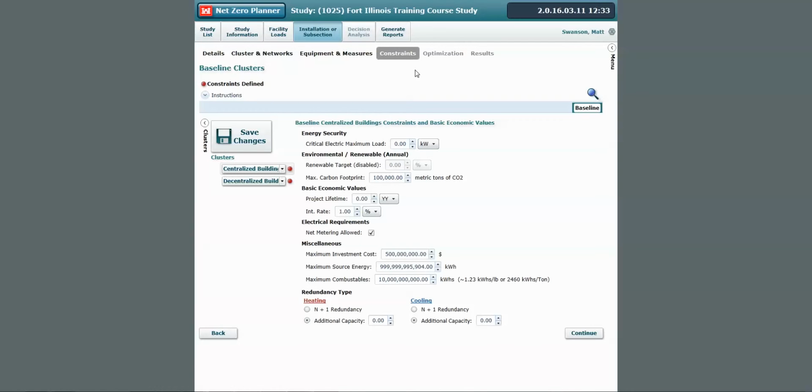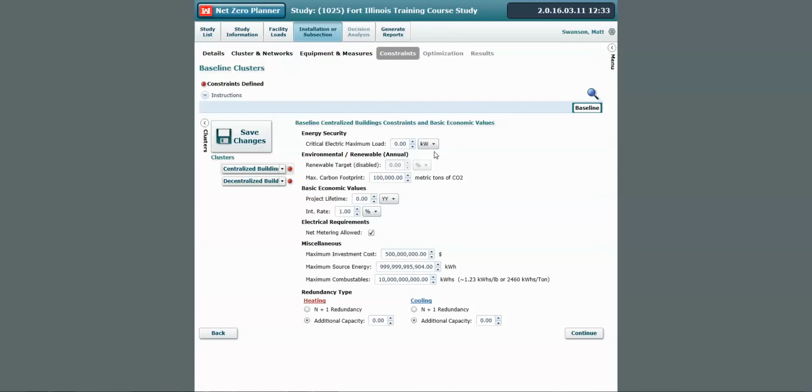So within this constraints section, we can put on additional constraints to our alternative. Now in the baseline, we're not really going to end up constraining it because this is the as-is solution. But looking forward to the alternatives, and we'll hit this again at the time, but this is a good time to introduce it, we could do something like increase the critical electric maximum load.